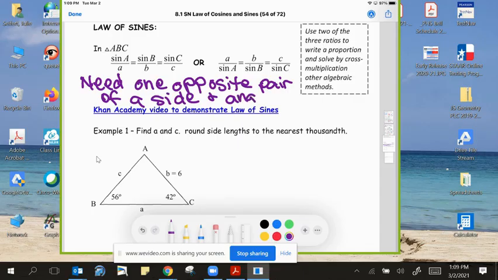So you need a side length and its opposite angle. Okay, a side and an opposite angle. If you don't have that, you can't use law of sines.